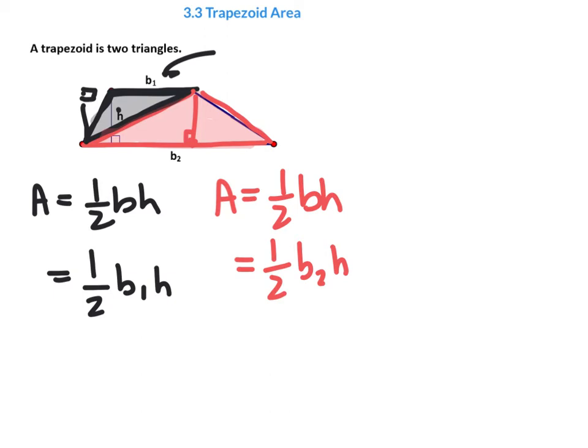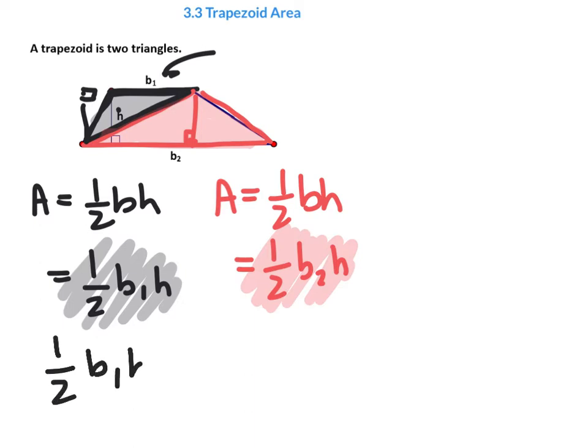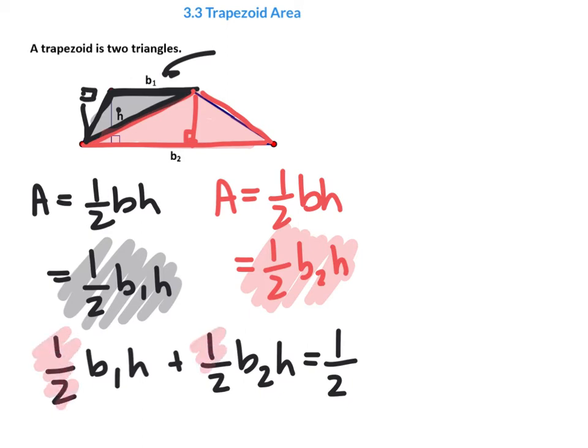Here's the cool thing, though. If we took this one and this one and added them together, look what we get: 1/2 B1 h plus 1/2 B2 h. Do you see how there's a 1/2 in both of those? Let's highlight that so you can see it. There's the 1/2, so let's take that out. Do you see how there's an h in both of those?